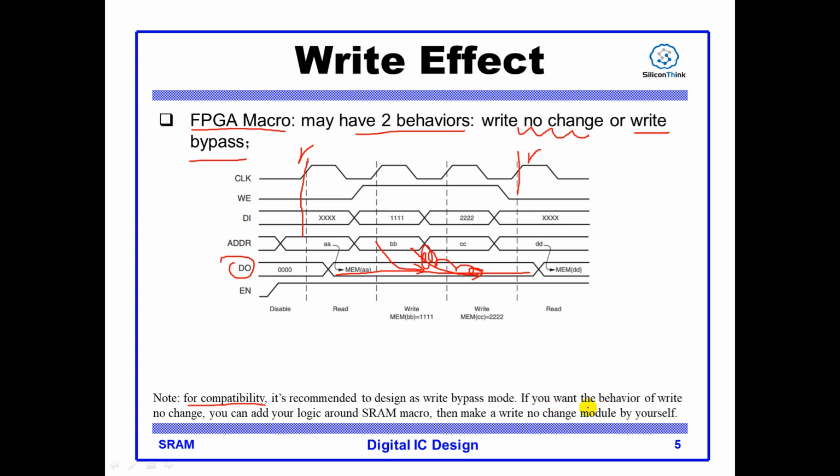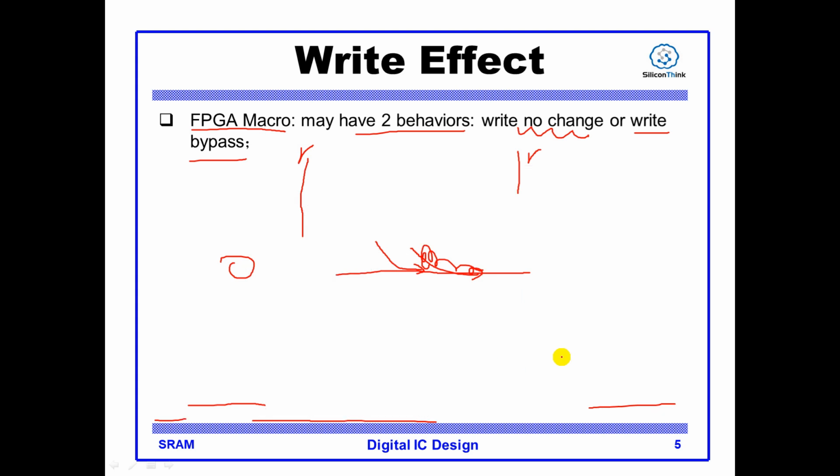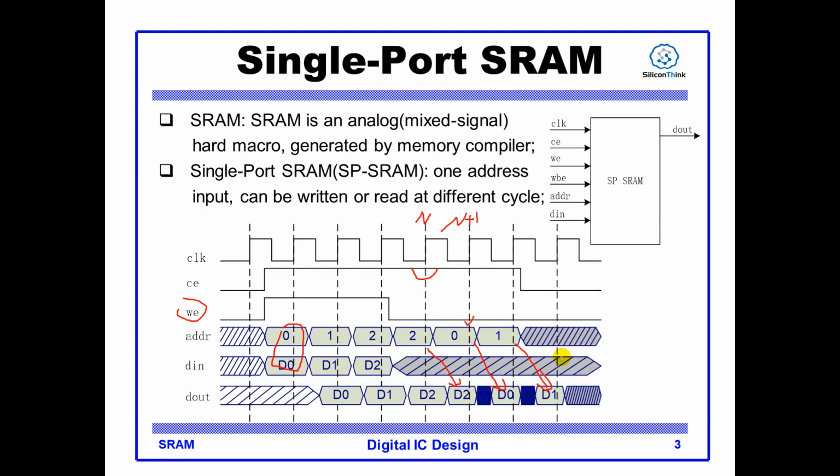And if you want the behavior of write no change, you can add your own logic around the SRAM micro, then make the write no change behavior. So that means this is a write bypass micro.